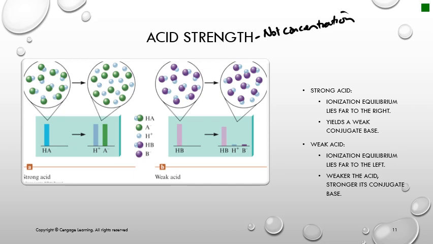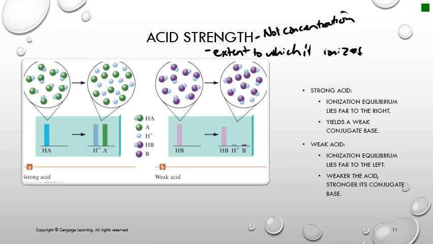So when we talk about acid strength, we're talking about how much the acid will ionize or dissociate in solution. We call that the extent to which it ionizes.